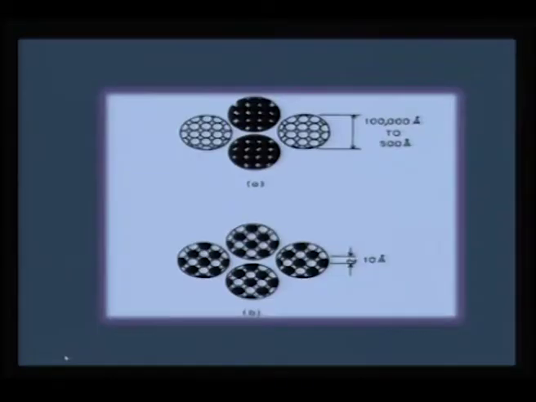Now, this is a cartoon which has been used for more than 30 years to drive home the point about the precursor technique.